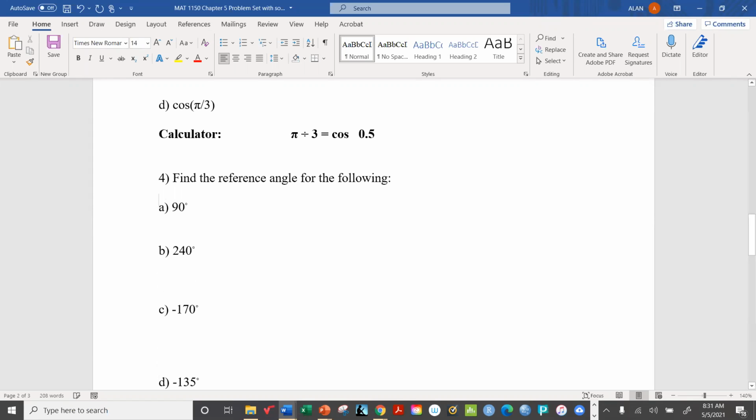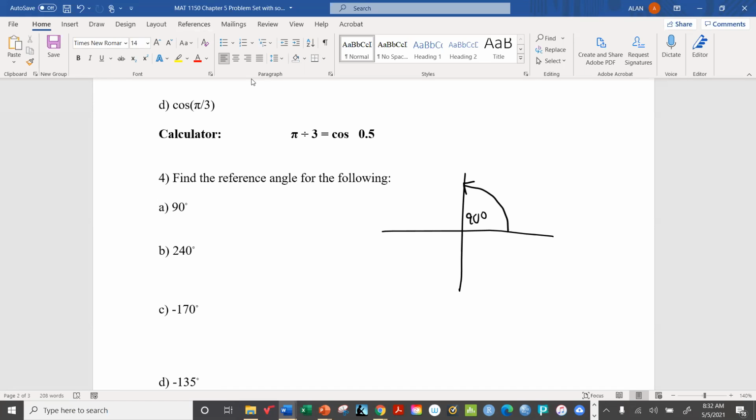So for example, 90 degrees means, well, that one stays the same because 90 is right here. I don't think there's any way to simplify 90 degrees.